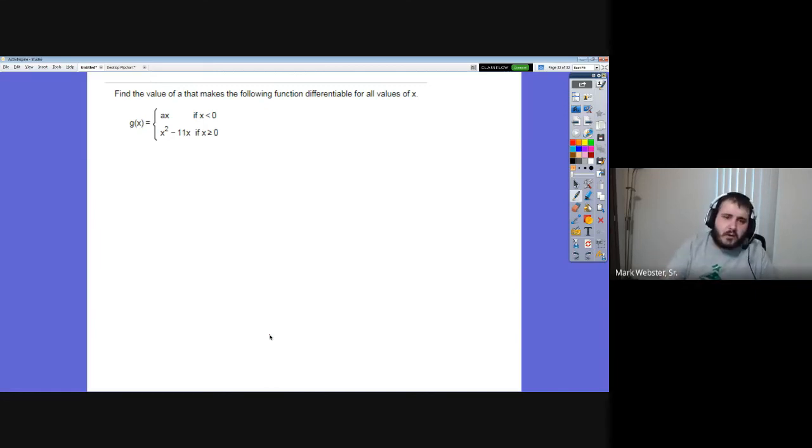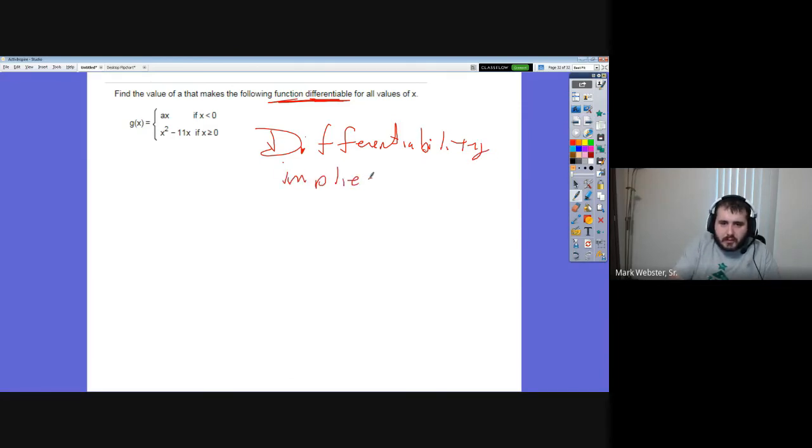So one thing that we need to talk about is making this function differentiable. There's a phrase that I want to tell you: differentiability implies continuity.